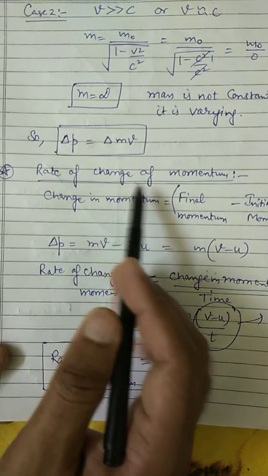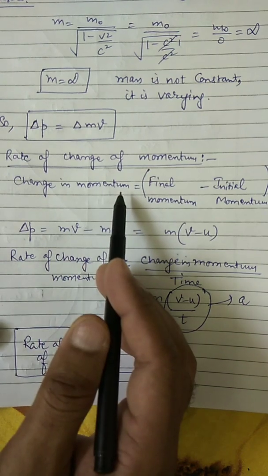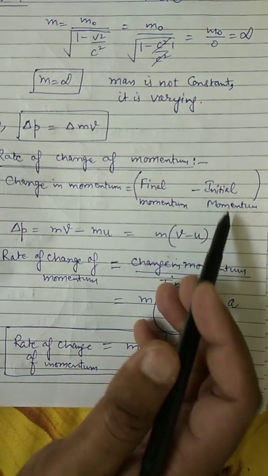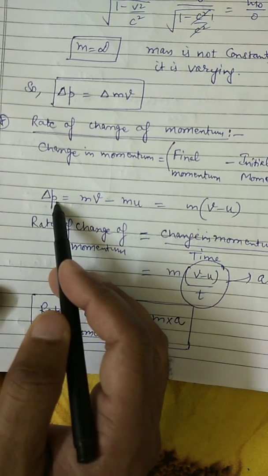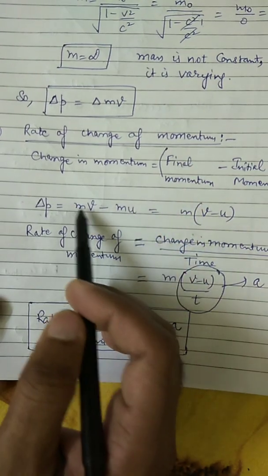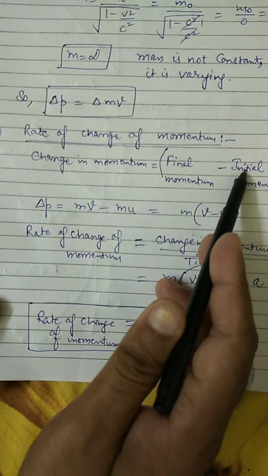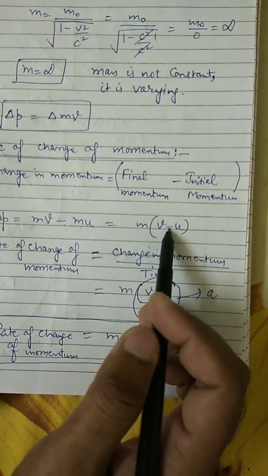Next topic is rate of change of momentum. First we will discuss change in momentum, that is final momentum minus initial momentum. Delta is for change, p is for momentum, so change in momentum is delta p. mv is the final momentum, mass into final velocity, minus mu, mass into initial velocity, which is the initial momentum. Mass you can take common, then v minus u in parenthesis.